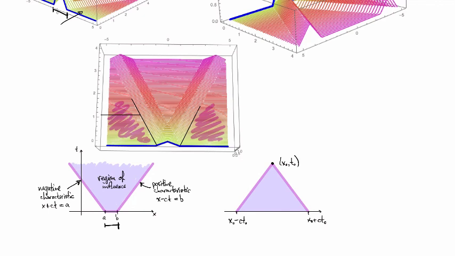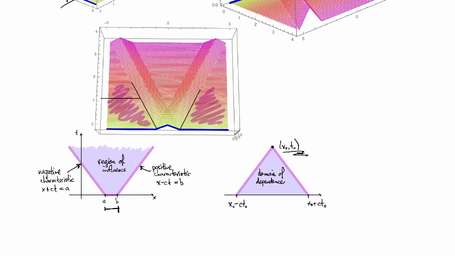And this region in here is called the domain of dependence. So events that are happening at this point, x0, t0, are dependent on things that happened inside this cone.